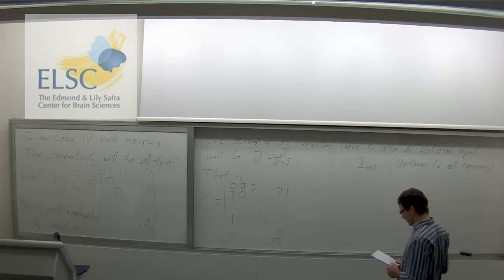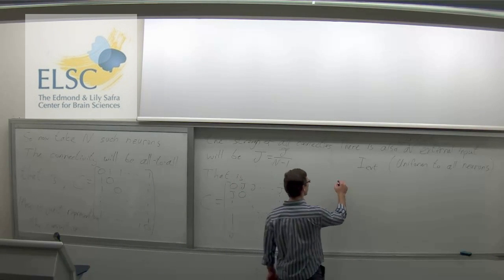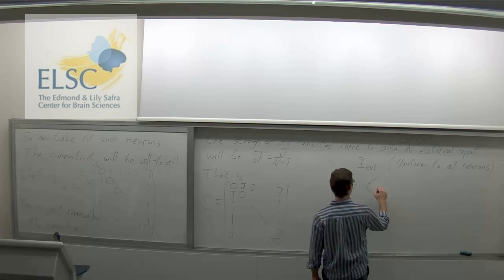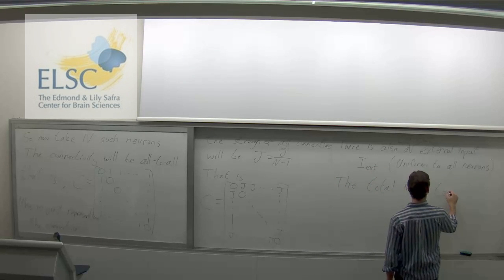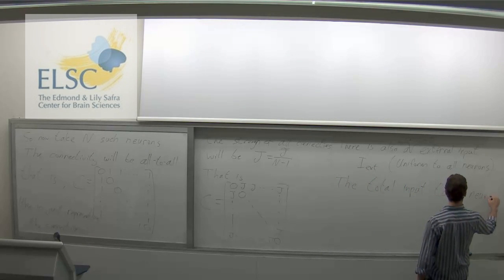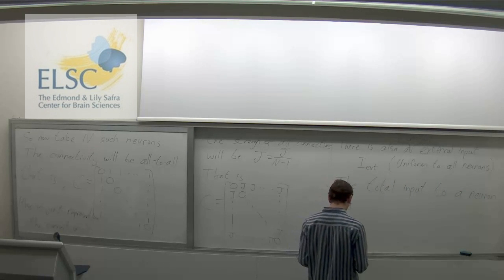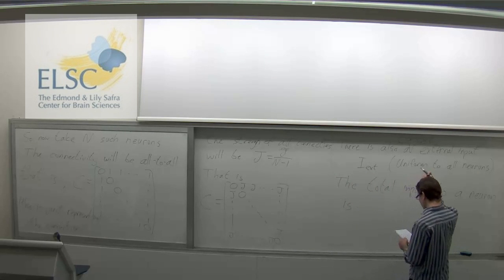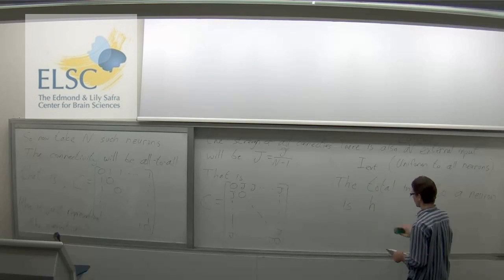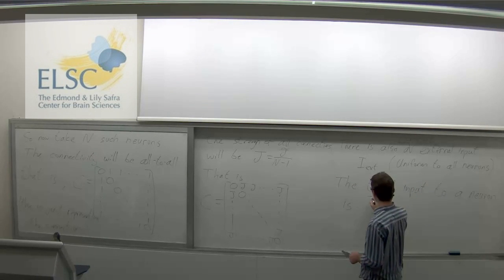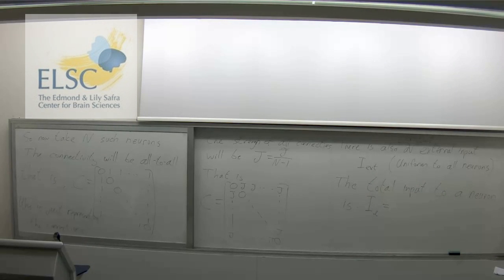Okay, so now let's think about what the input to a neuron is. The total input to neuron i, what is it?